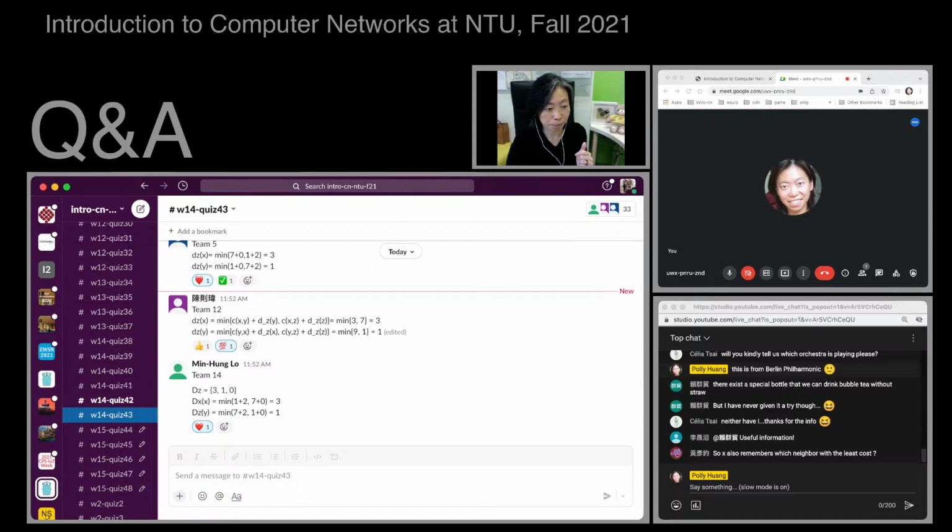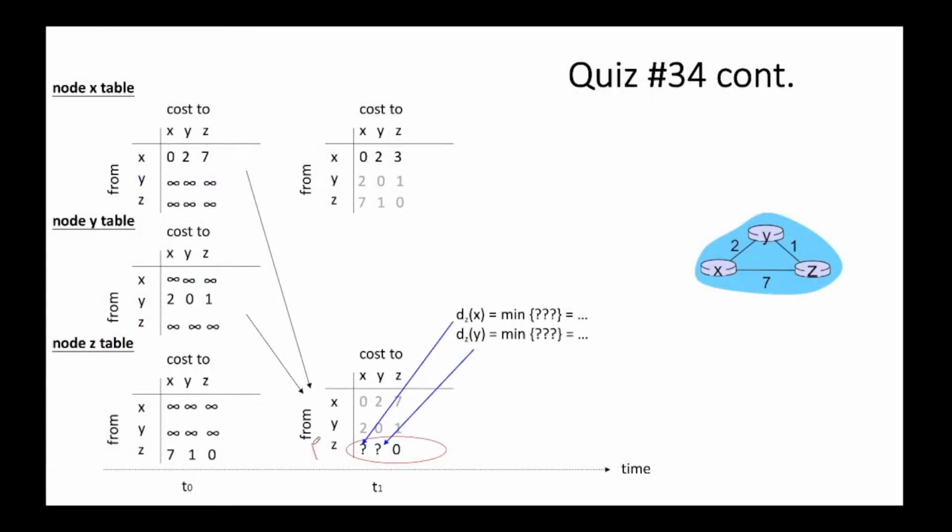Okay. Let's try to calculate the distance vector of z together. It will be the shortest distance from z to every possible destination in the network. The network is very small. Starting from z, there are only two possible destinations, x and y. So we just need to calculate dzx and dzy.